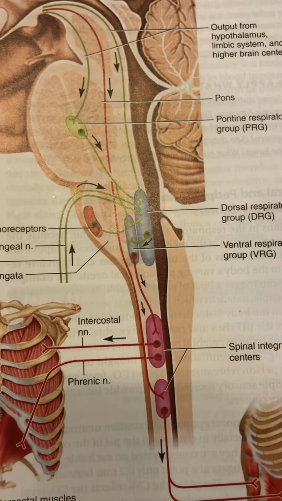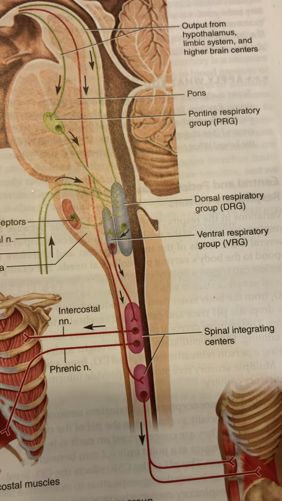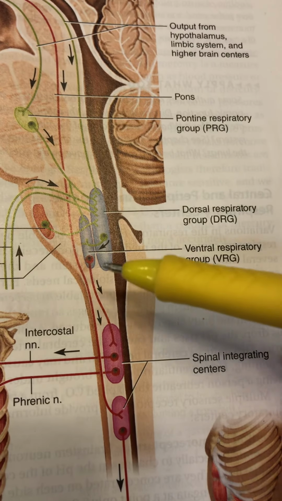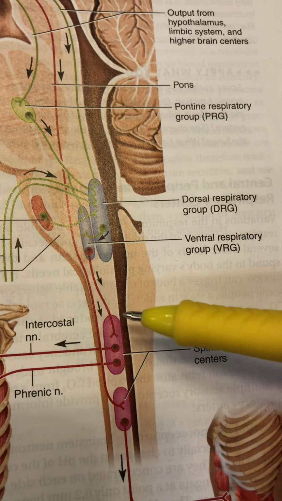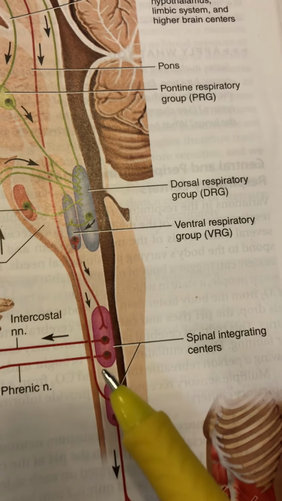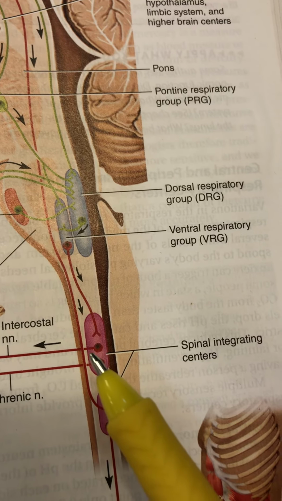Its output goes to a spinal integrating center. Okay, so this red line is the indicator of output, and this is your spinal integrating center.